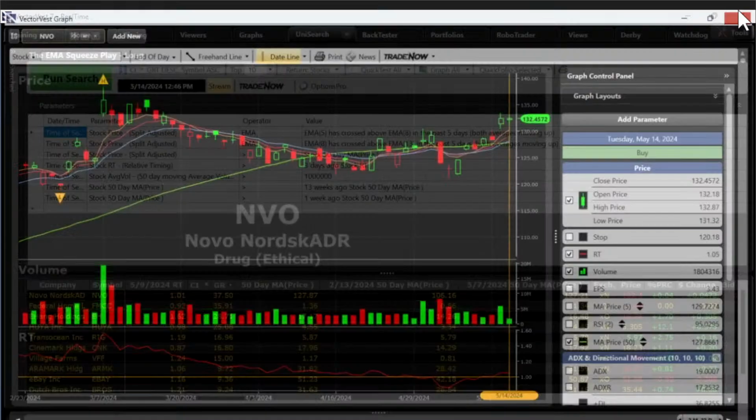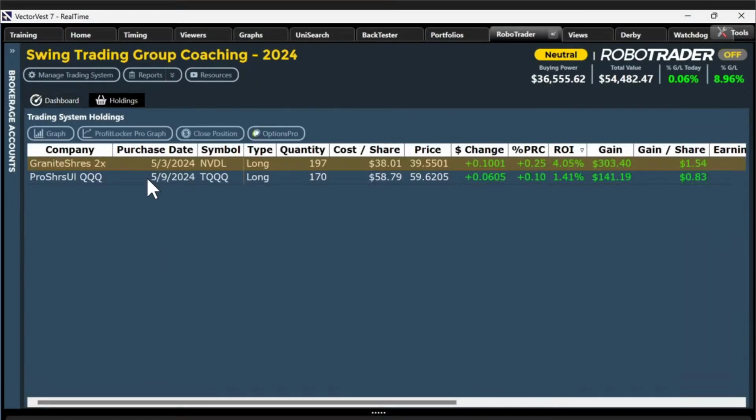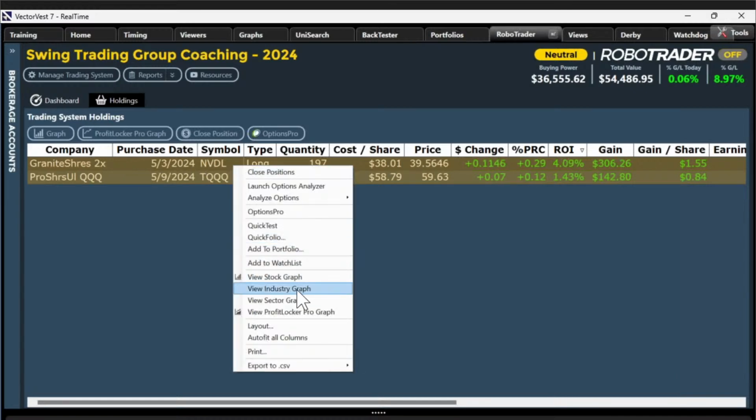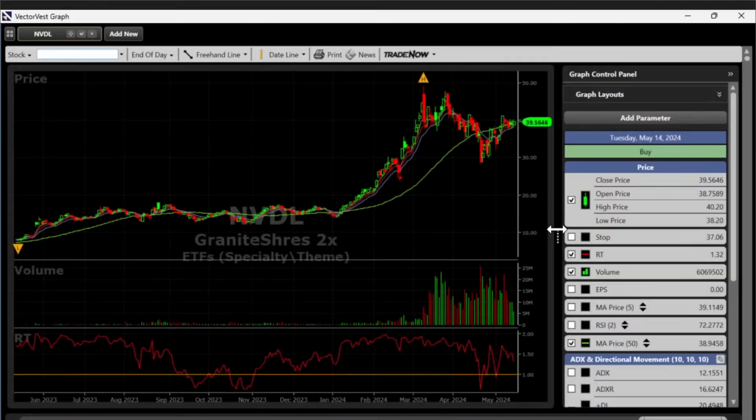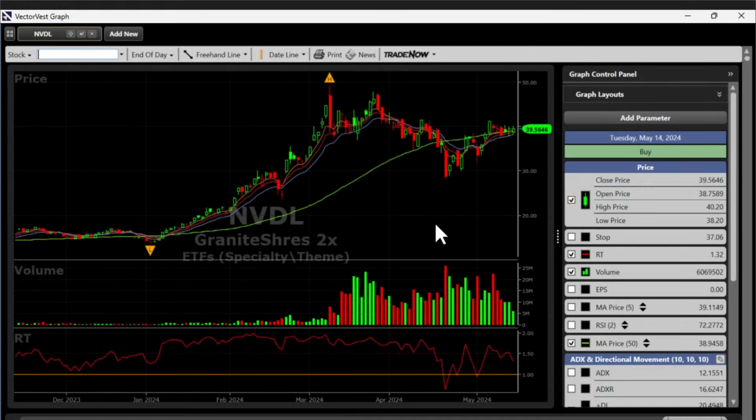Okay, so here are two trades that I'm currently in, in our swing trading coaching group portfolio: NVDL and TQQQ. NVDL is a double leveraged NVIDIA ETF, and TQQQ is a triple leveraged NASDAQ ETF. If I plot the charts, here is the same setup.